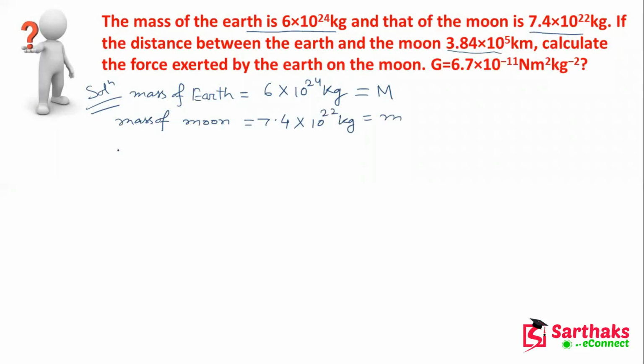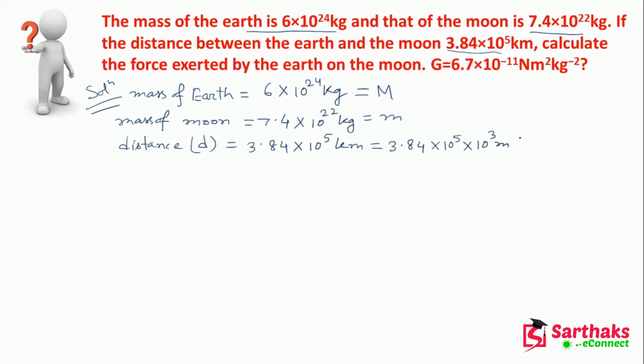So here the distance, let it be d, equals 3.84 into 10 to the power 5 kilometer. First we are trying to find the distance in meter.